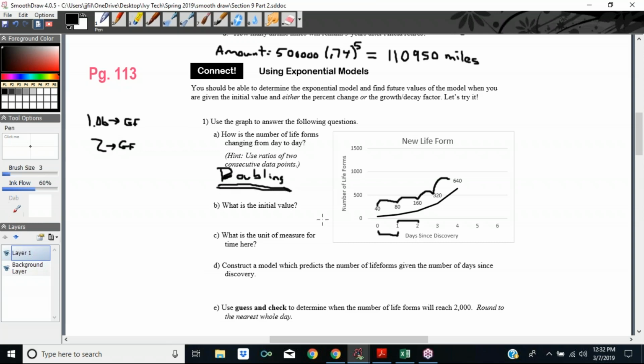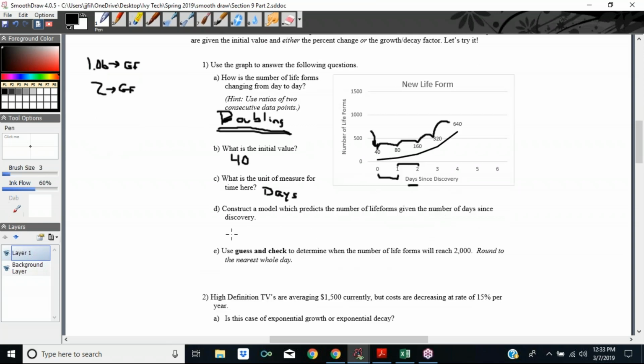the decay rate. So here it says, what is the initial value? That's the starting amount. And that is 40. The starting amount is right here at time 0. What is the unit of measure? Well, it looks like days this time. And then we're going to construct the model. And actually, instead of writing amount, I'm going to write y equals.